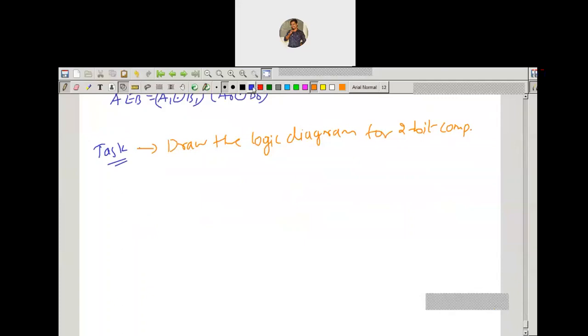So here, for example, if we are doing a 4-bit comparator, A will have 4 bits, that is A3, A2, A1, A0, as well as B will have 4 bits, B3, B2, B1, B0. Okay.